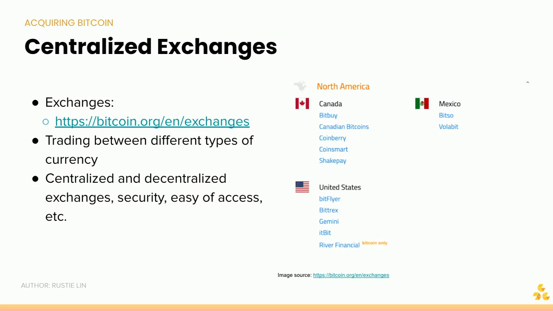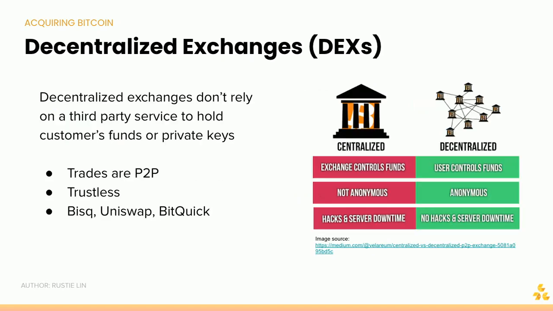That's one of the concerns with centralized exchanges, which is why we've seen a greater transition towards decentralized exchanges. These are fully peer-to-peer, and they don't rely on a third party or someone to facilitate these transactions.